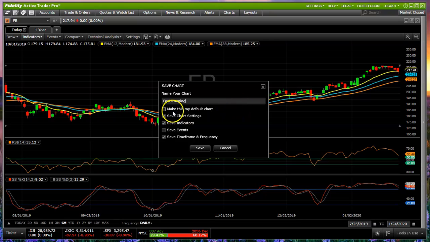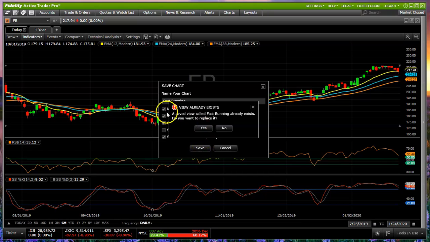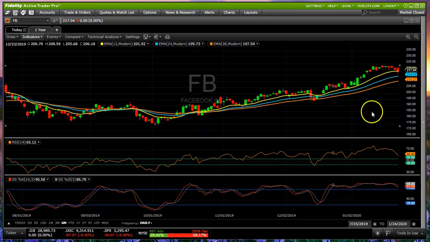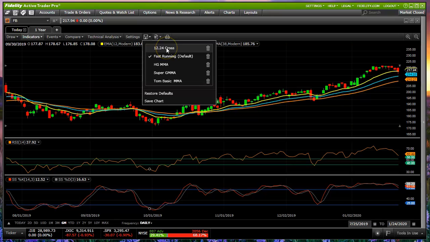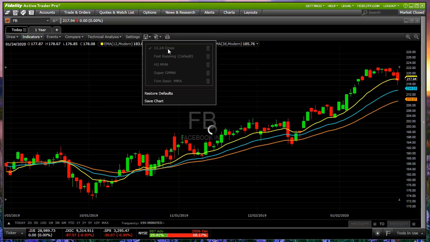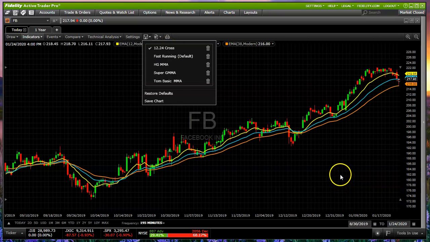We don't necessarily want to make this default, although we could. Save time frame and frequency as well. Save. View already exists, but that's okay. We like our new version. Yes. Okay, now if we go back and we take a look at the 1224 cross, you can see that we simply have our original moving averages on the wall.